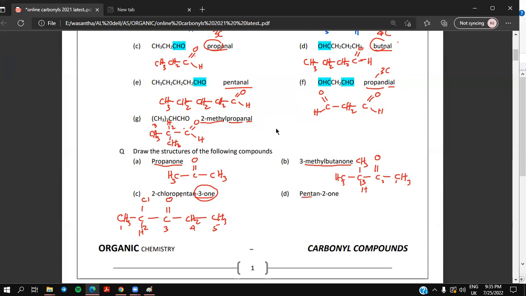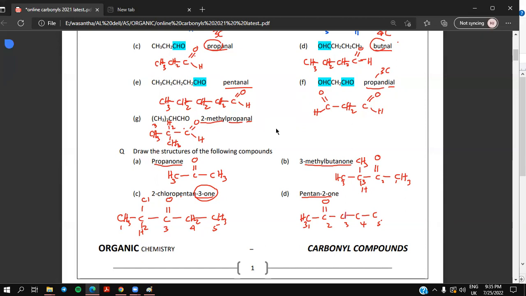Next one, pentan-2-one. 1, 2, 3, 4. Pentan means 5 carbon atoms. 2-one means if I number 1 here, 2 here, 3 here, 4 here, 5 here, 2-one means on the second carbon there's a double bond and oxygen. And all the others are going to be hydrogen now.